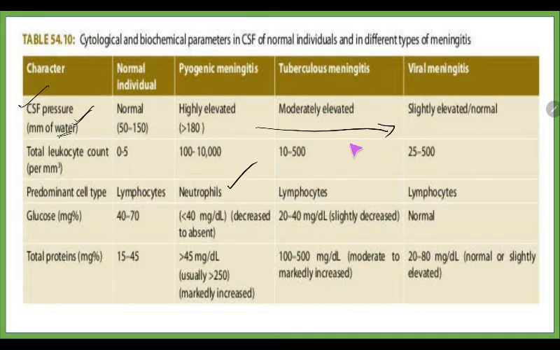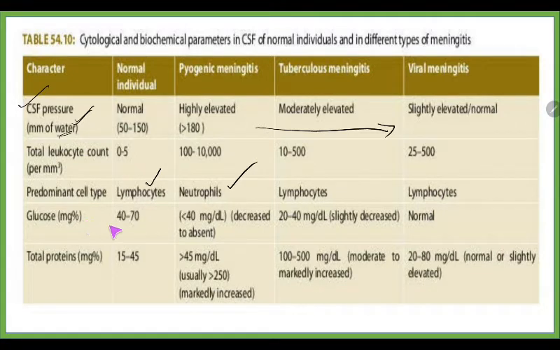Because in tuberculosis it shows granuloma, and granuloma is basically because of lymphocytes, and viruses also induce only lymphocytosis. In normal individuals there will be some lymphocytes, and therefore in tuberculous and viral meningitis this is called lymphocytic pleocytosis. Pleocytosis is basically an abnormal increase in cells.